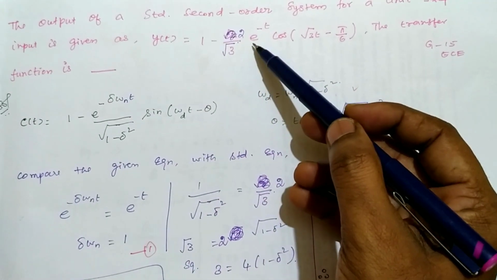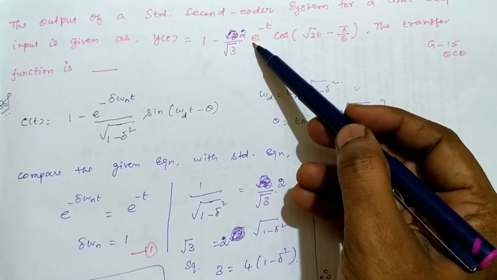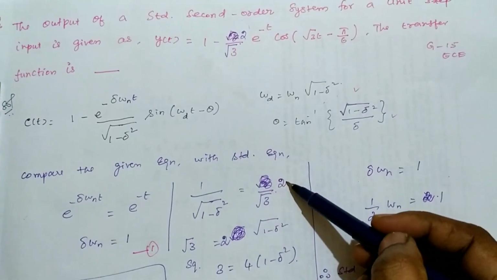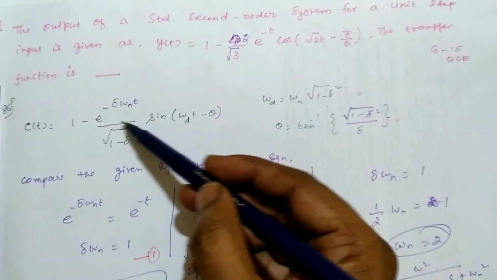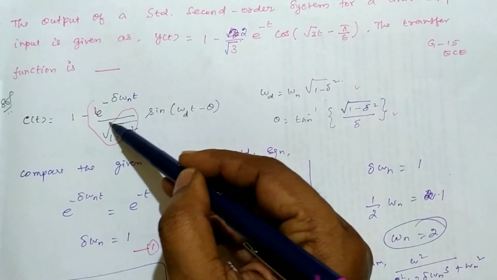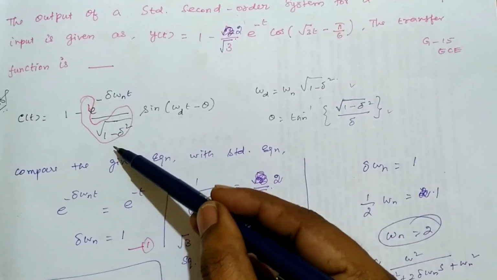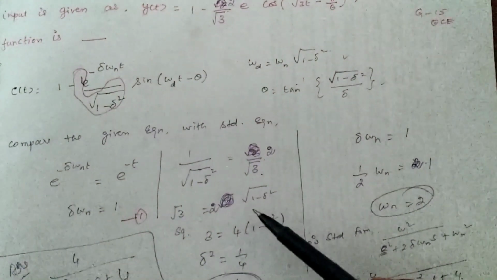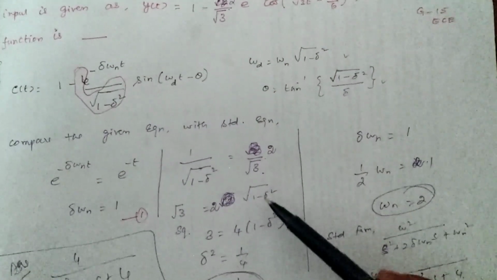Again coming to the coefficient term, the exponential term has the coefficient 2 over root 3. Here we have the exponential term coefficient 1 divided by square root of 1 minus delta square.